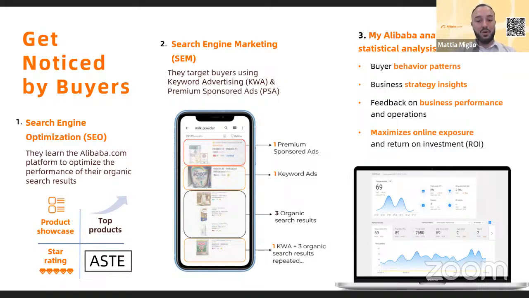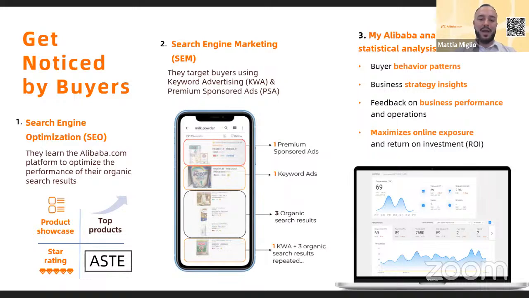Our platform is a no-commission platform because we don't take any commission on sales. You will need to purchase a membership, and Brett will tell you more about our memberships. You will also need to promote your storefront and your products on Alibaba.com using search engine marketing.